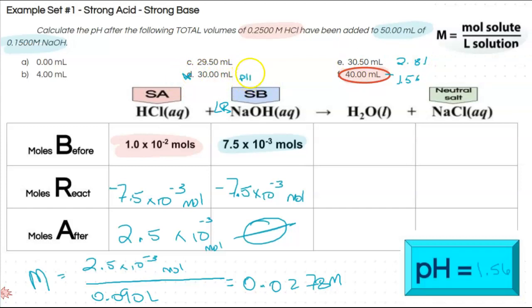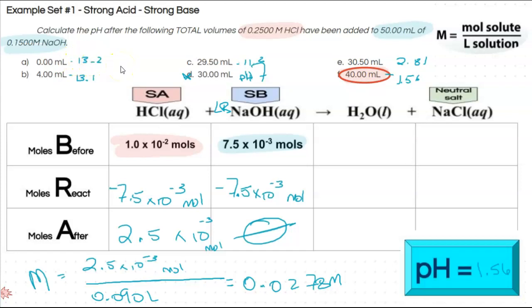I have a pH of 7. For C, at 29.5 milliliters, my pH was 11.2. At 4 milliliters, the pH was 13.1, and my initial pH was 13.2.